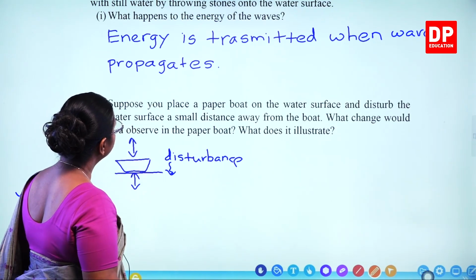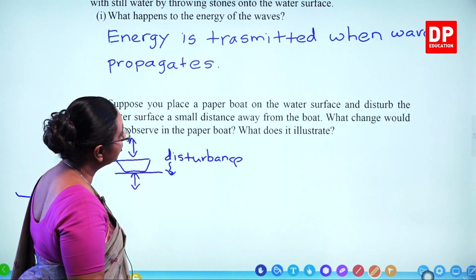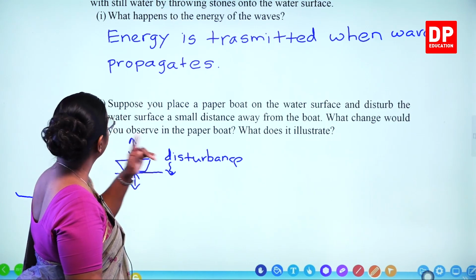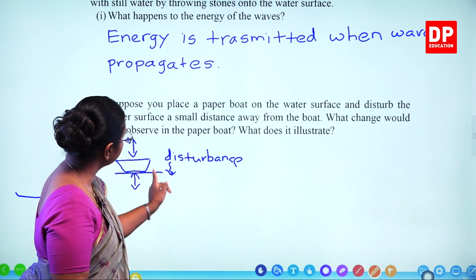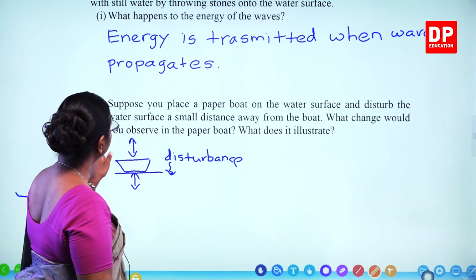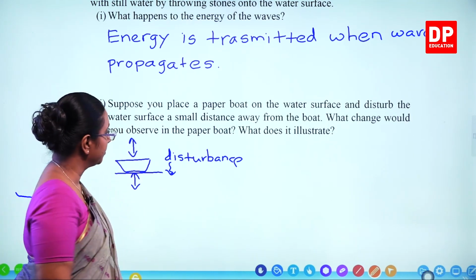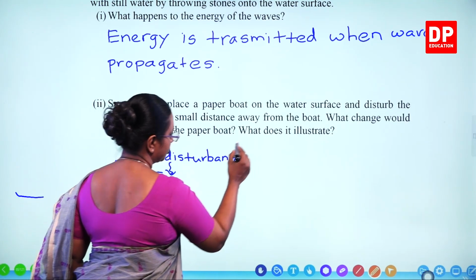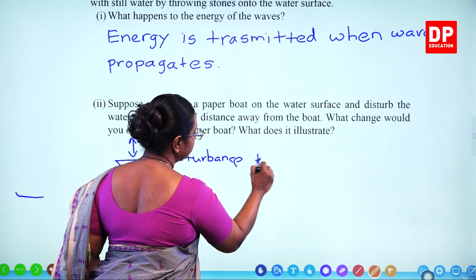So, here suppose you place a paper boat on the water surface and disturb the water surface a small distance away from the boat. What change would you observe in the paper boat? That's the first question. So, what change do you observe?